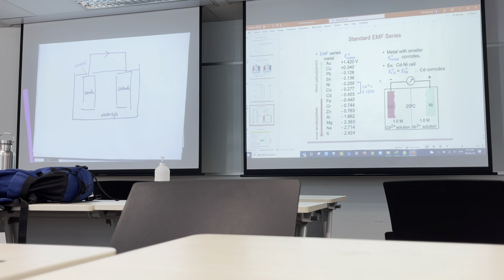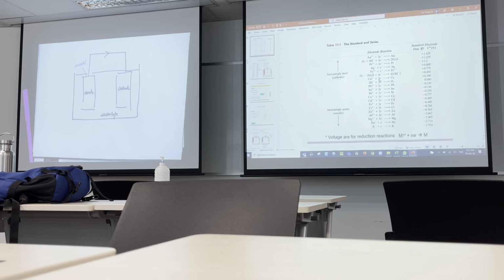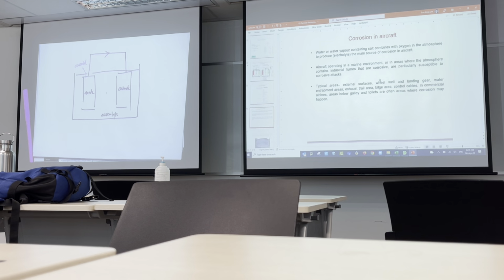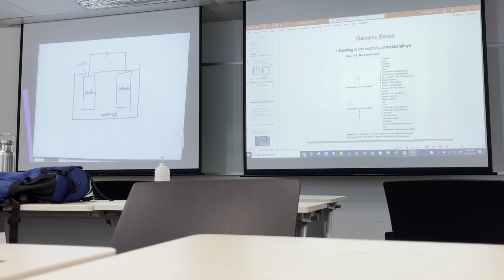So we also created something with the same idea, called the galvanic series. The galvanic series is the same idea. Something on top will be the one that is less likely to corrode. More on the bottom, the one that is more likely to corrode. So this one will oxidize more, this one will not oxidize as much. So anything below will corrode more than the top.